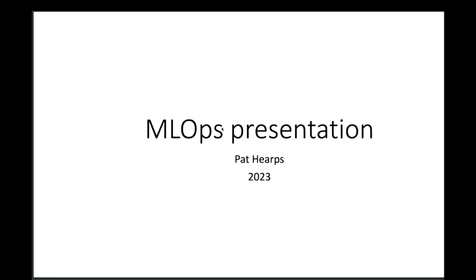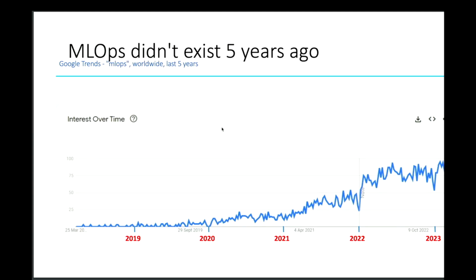So MLOps, machine learning operations. It's DevOps for machine learning. It's not something that even existed up until about 6 years ago. I remember I first started working in data science in 2019, and at the end of 2019, someone was saying, we need to do this better. This is a mess.